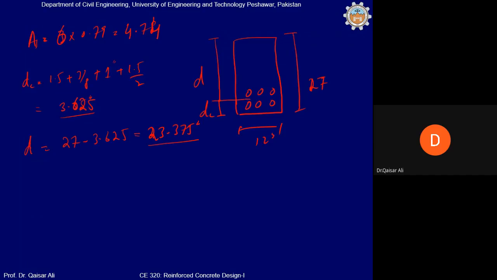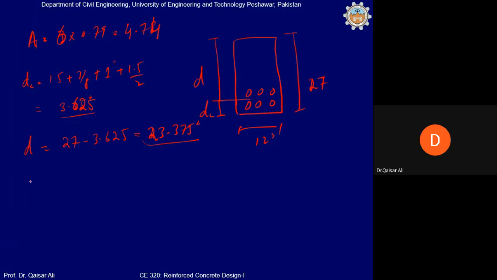If you see, we assume the effective depth equal to 27 minus 2.5, which was 24.5. So that is why we are rounding up the design reinforcement. Clear? Because D will basically reduce the flexural capacity.